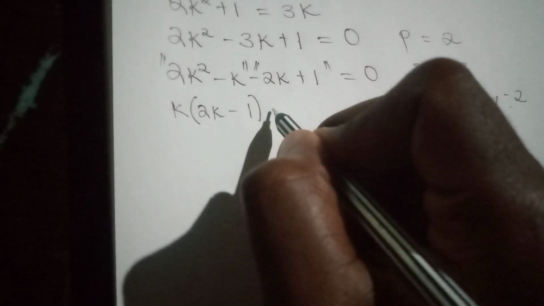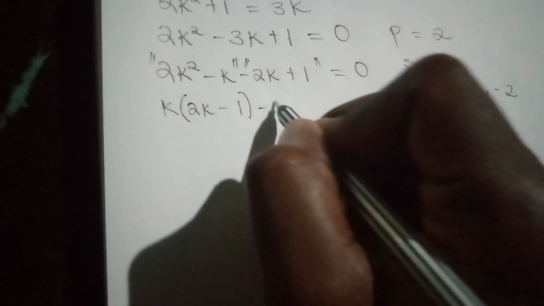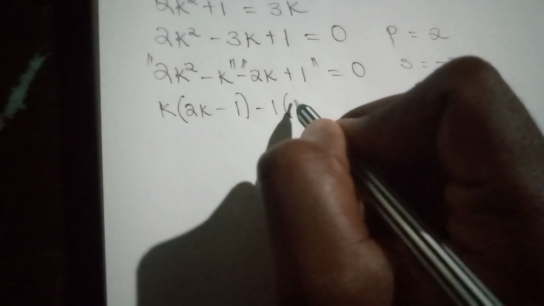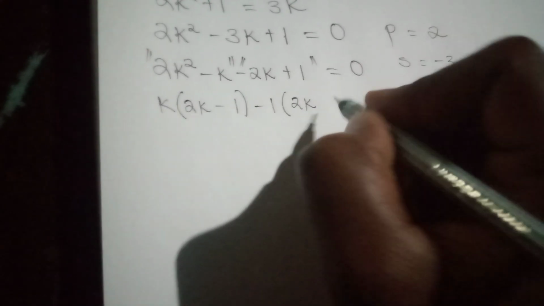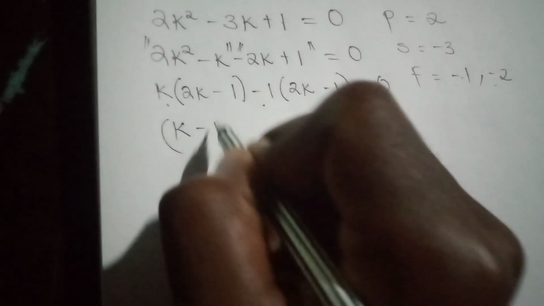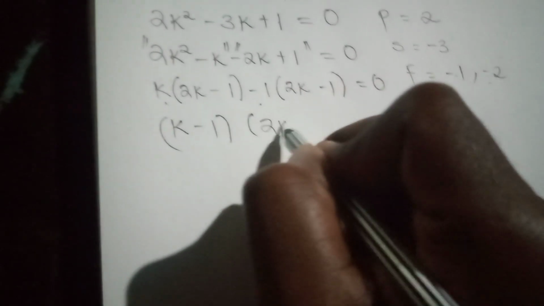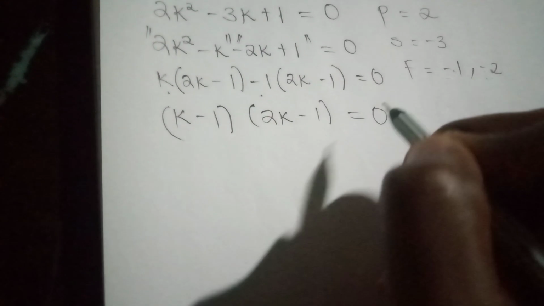You're remaining with 2k minus 1. What is common? That is negative 1. So there, that is 2k minus 1. You couple these two, that is k minus 1, then 2k minus 1 is equals to 0.